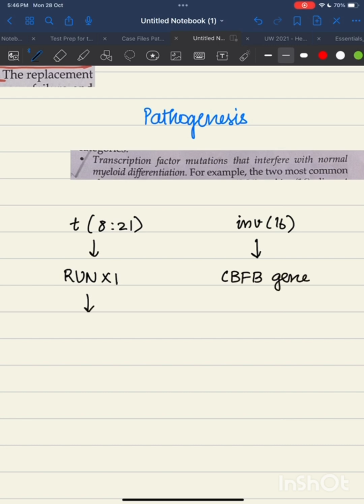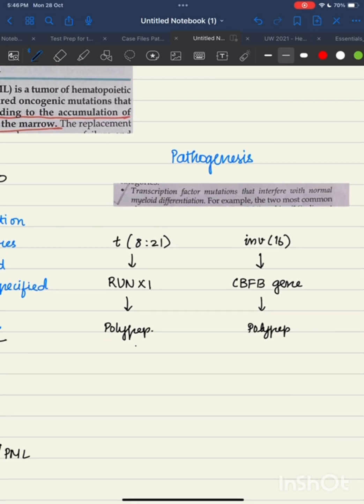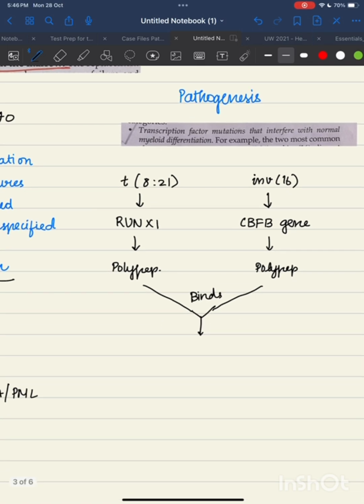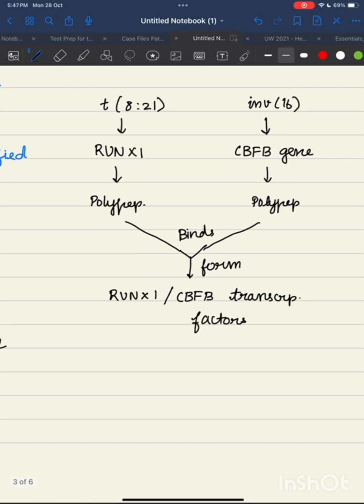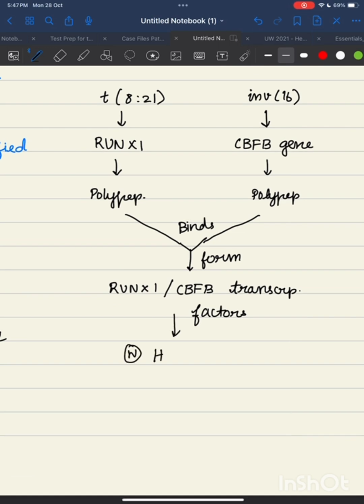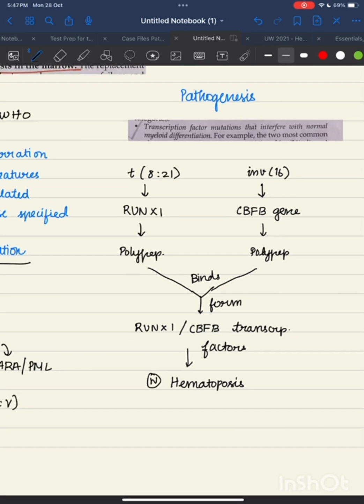So both produce polypeptides, and these polypeptides bind together to form a fusion protein. It helps in normal hematopoiesis. This is what happens normally.